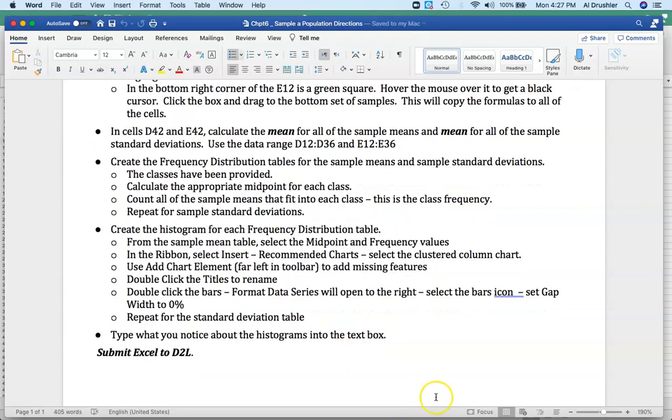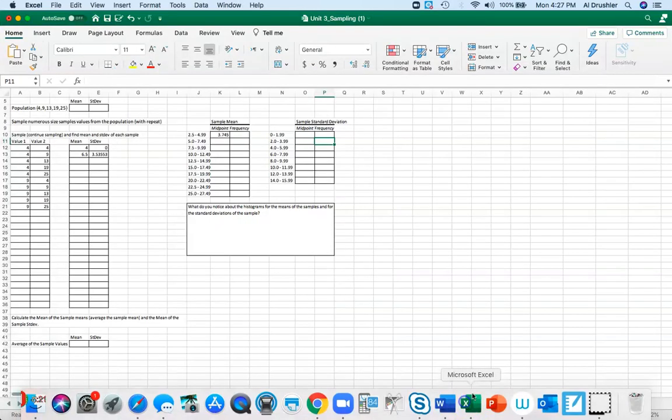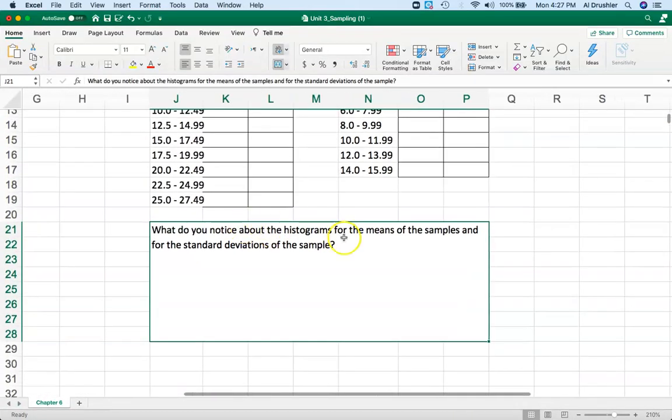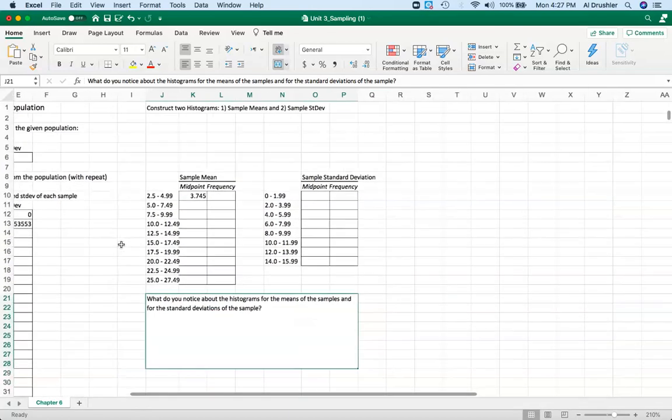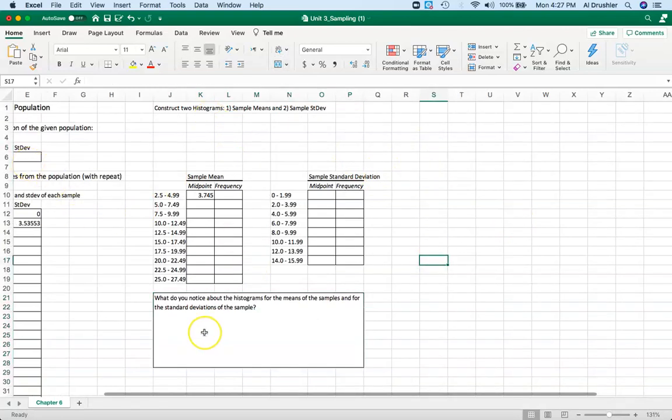And then you do need to answer the questions right here. What do you notice about the histograms for the means of the sample and for the standard deviations of the sample? You can put your 2 histograms over here if you want. It doesn't really matter, but describe them.